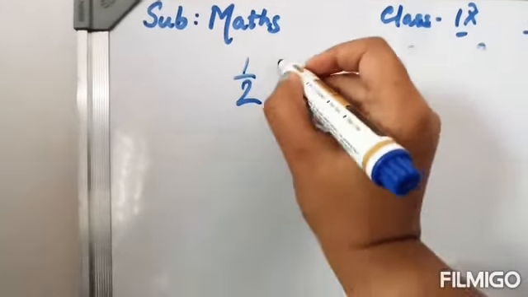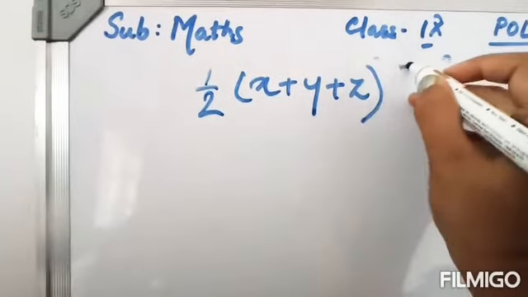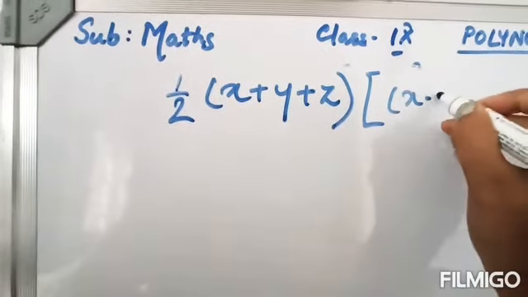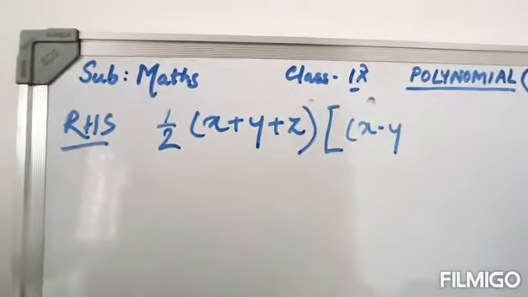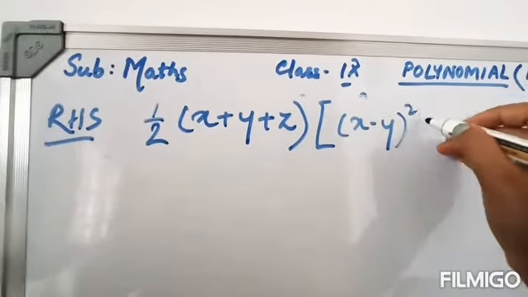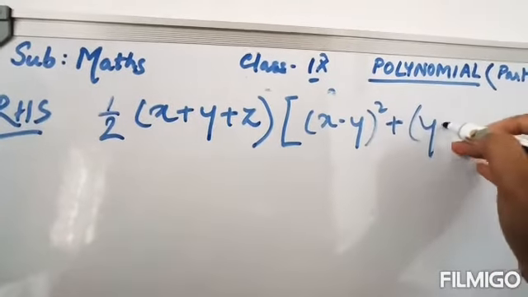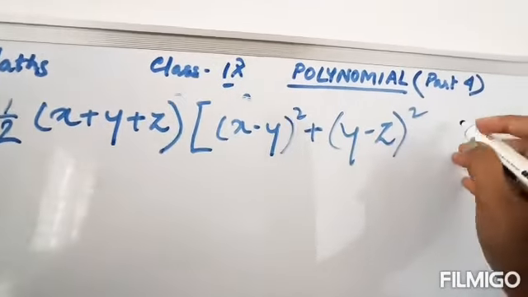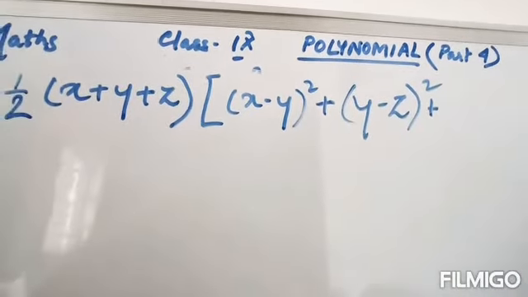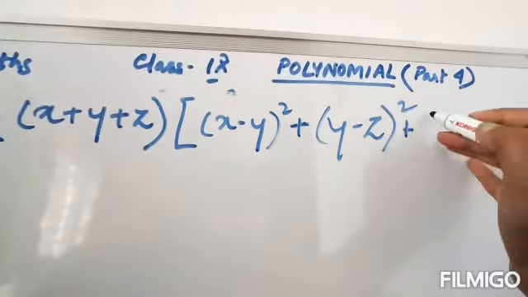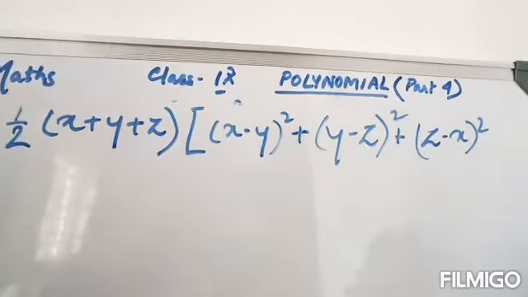So RHS is equal to, we are solving, half into (x plus y plus z) into ((x minus y) whole square plus (y minus z) whole square plus (z minus x) whole square).